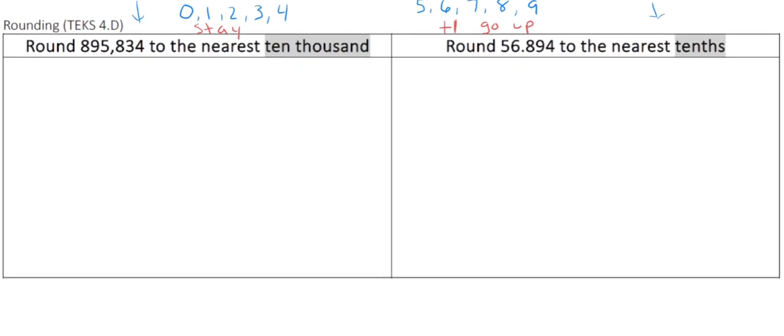All right, first one, we're doing whole numbers. So I'm going to write the number that they gave me. I have 895,834. Okay, this number we're rounding to the 10,000s place. So remember, this is my ones, tens, hundreds, thousands, 10,000.